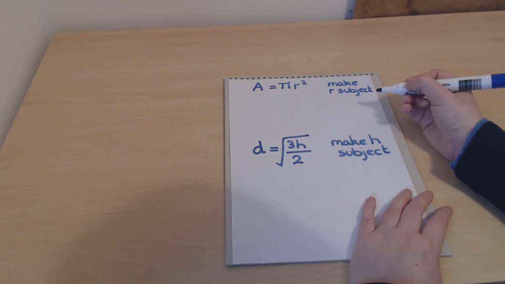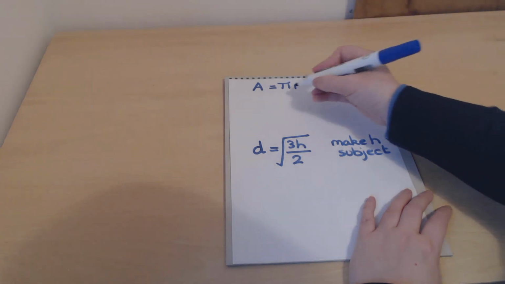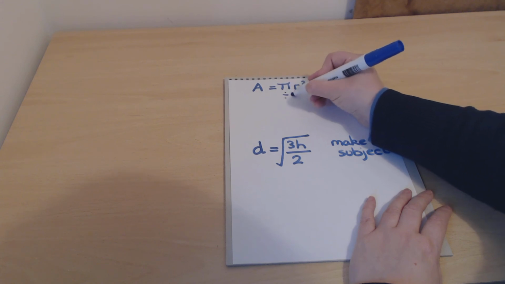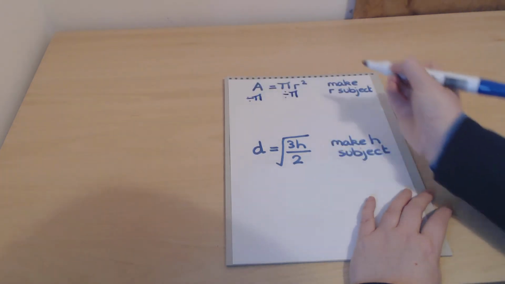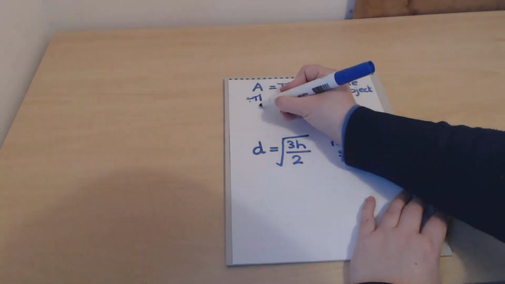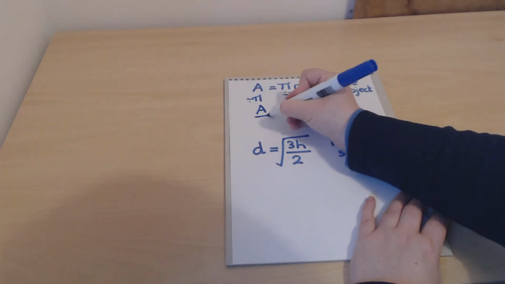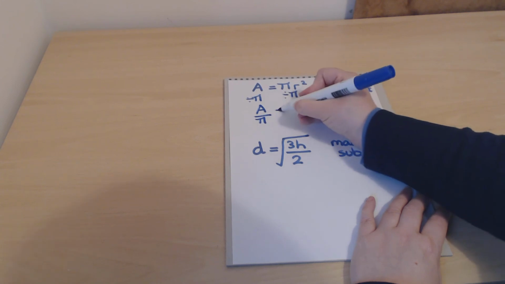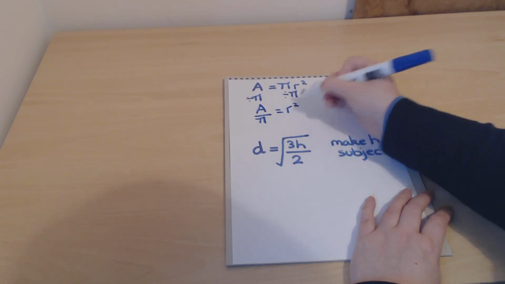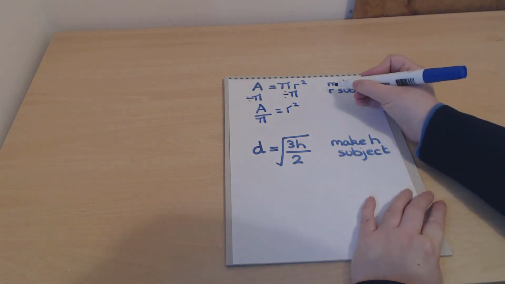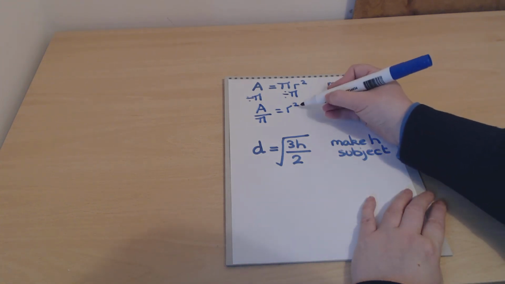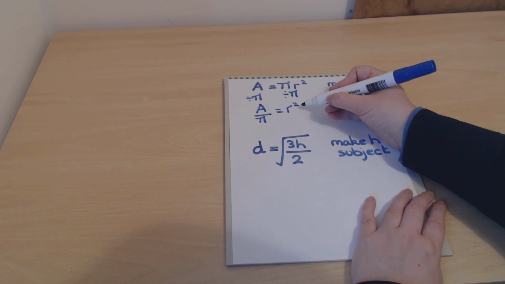So the first thing we're going to do is get rid of the pi. So we're going to divide by pi, because currently that's multiplying the r squared. So that means we'll now have A over pi equals r squared. Okay, so we actually only want r and not r squared, so the opposite of squaring is square rooting.